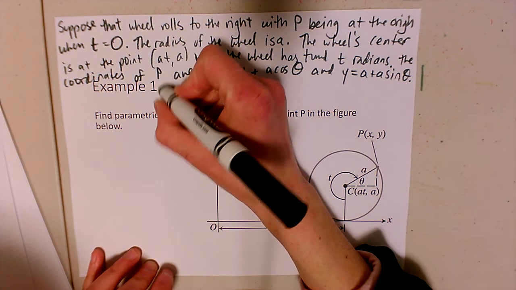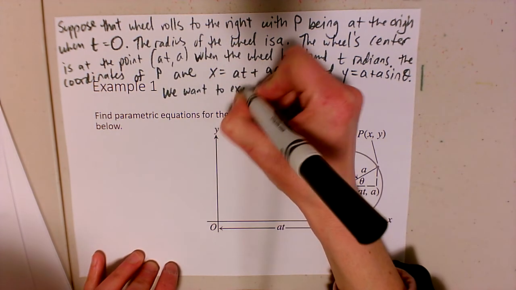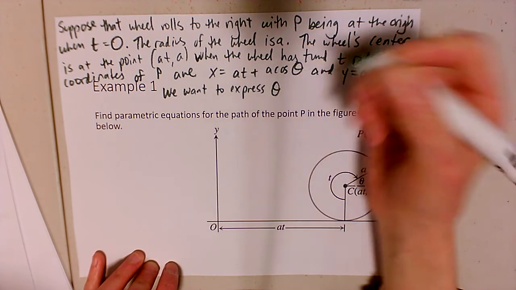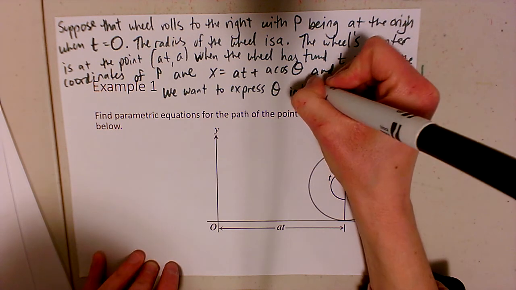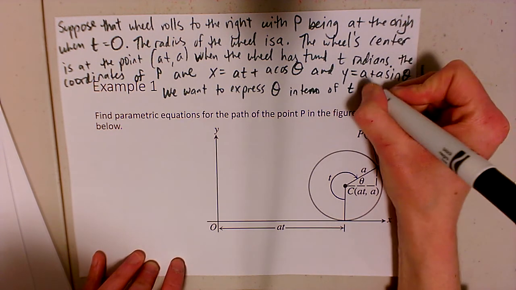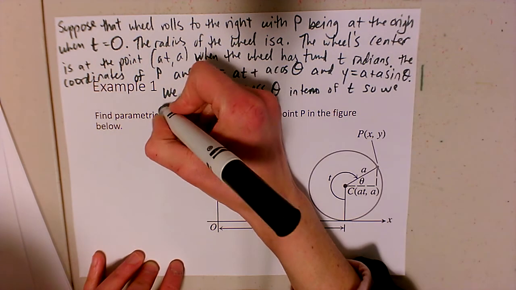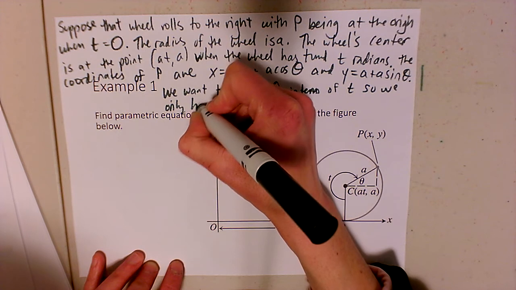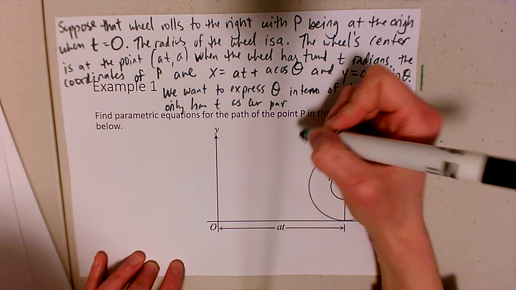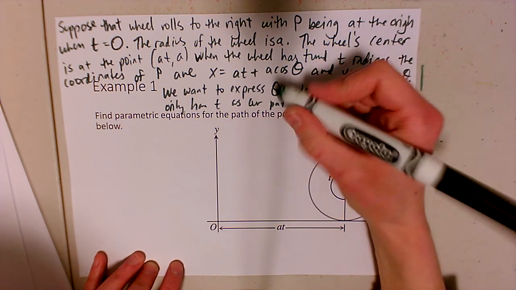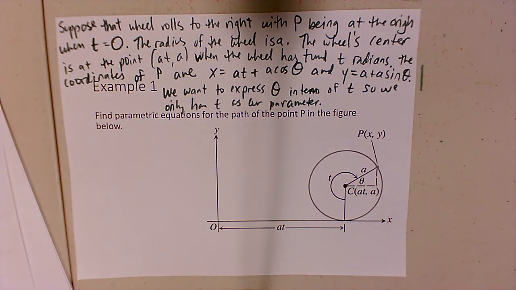So what we want to do is express theta in terms of t, so we only have t as our parameter. Right? So we want to end up having only t at the end.